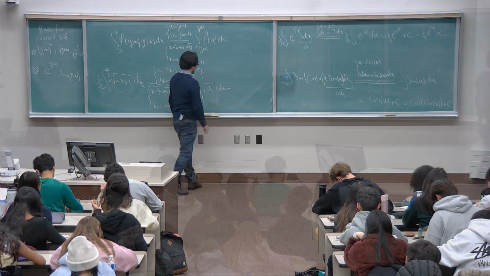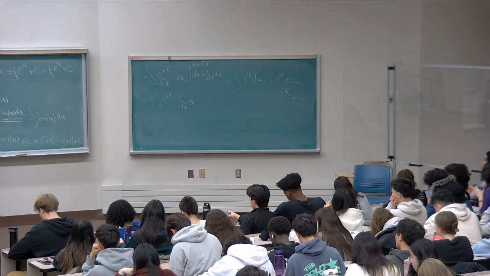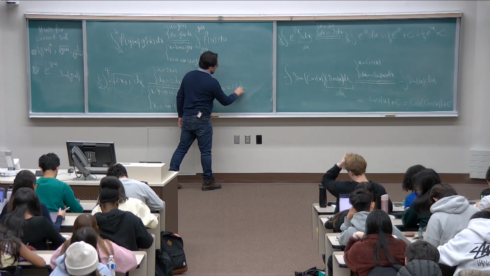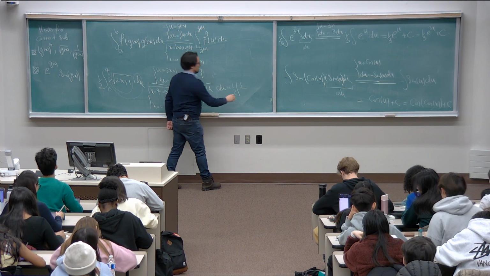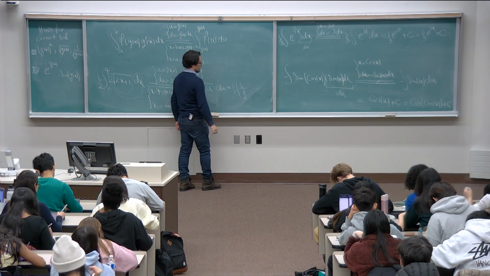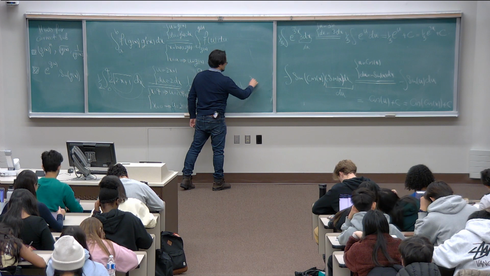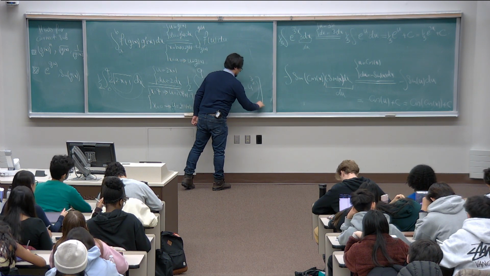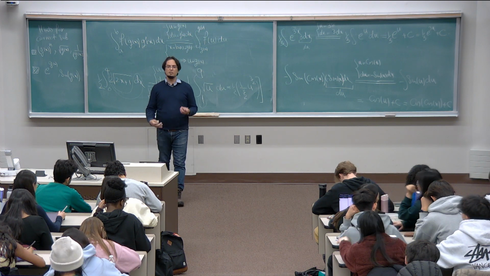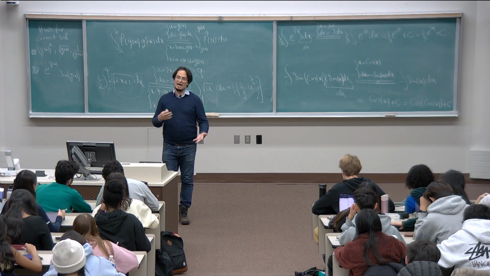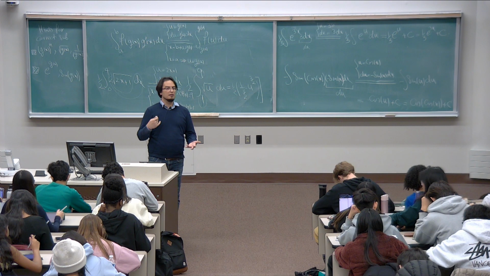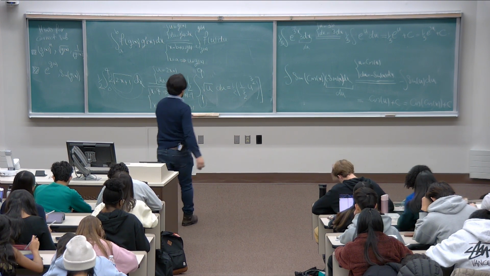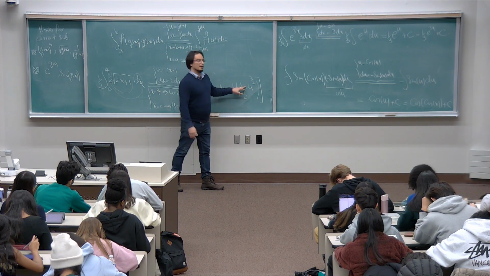Now, I want to evaluate this. This is u to the power half. So there's a half out there, 1 over half plus 1, 3 over 2, u to the power 3 over 2. I am using FTC2, Fundamental Theorem of Calculus Part 2. I have the antiderivative of my function.